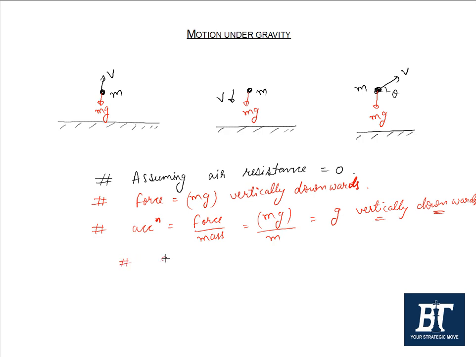And value of acceleration due to gravity is 9.81 meter per second square. So whenever an object is in air, acceleration of that object is g downwards, irrespective of the direction in which that object is moving.